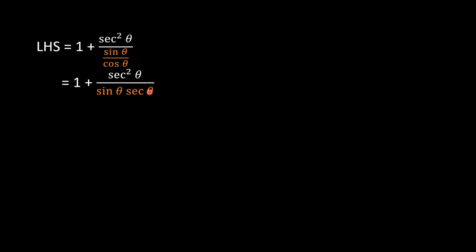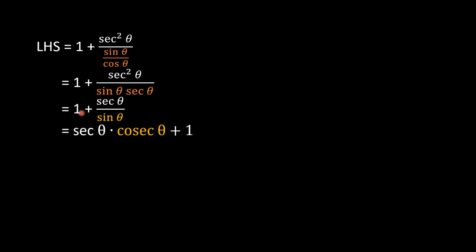This sec theta gets cancelled with 1 sec theta of this sec square theta. So it becomes sec theta divided by sin theta. This becomes sec theta multiplied by cosec theta, because 1 divided by sin theta is cosec theta, and plus 1, which is this one.